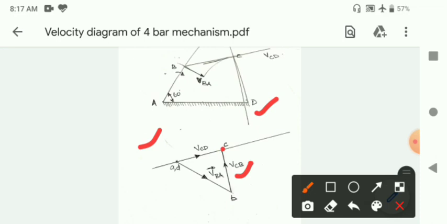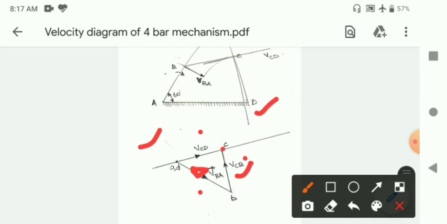Also, please note the way in which I have indicated the vectors. The directions of the arrows are not fixed. You can indicate them in the opposite way also, but as I have told you, when you indicate it in the opposite way, then you must designate it in that particular way.